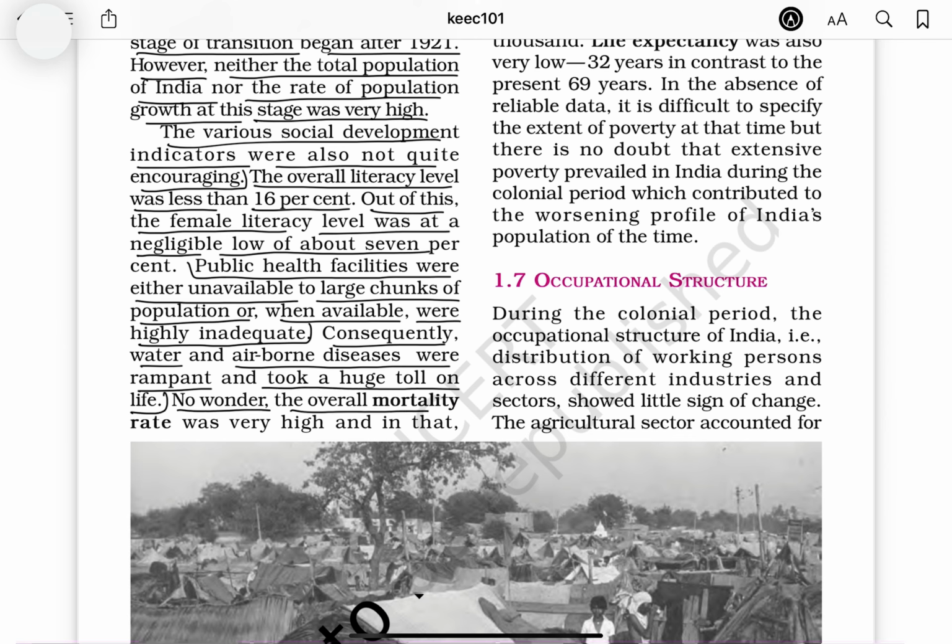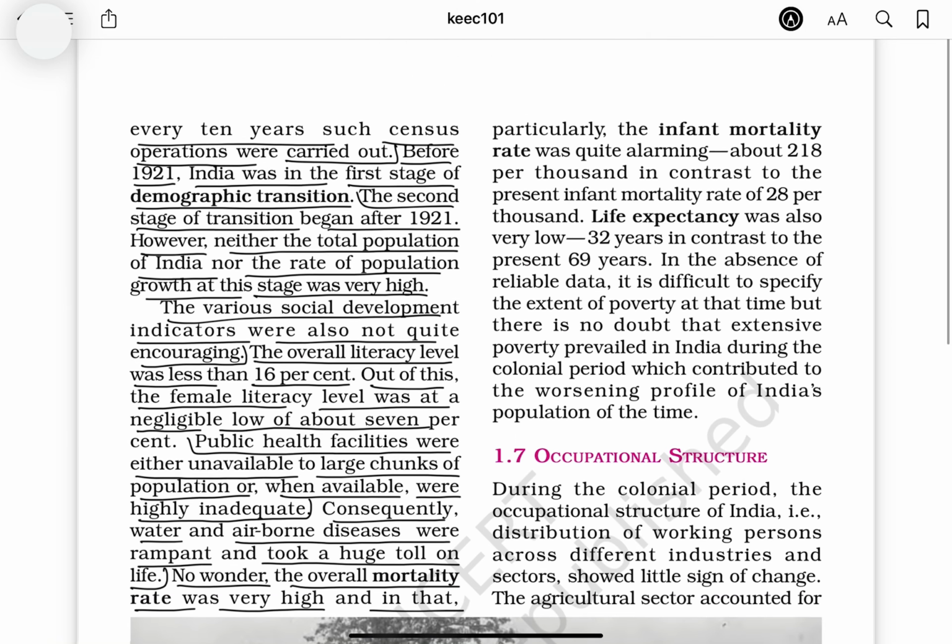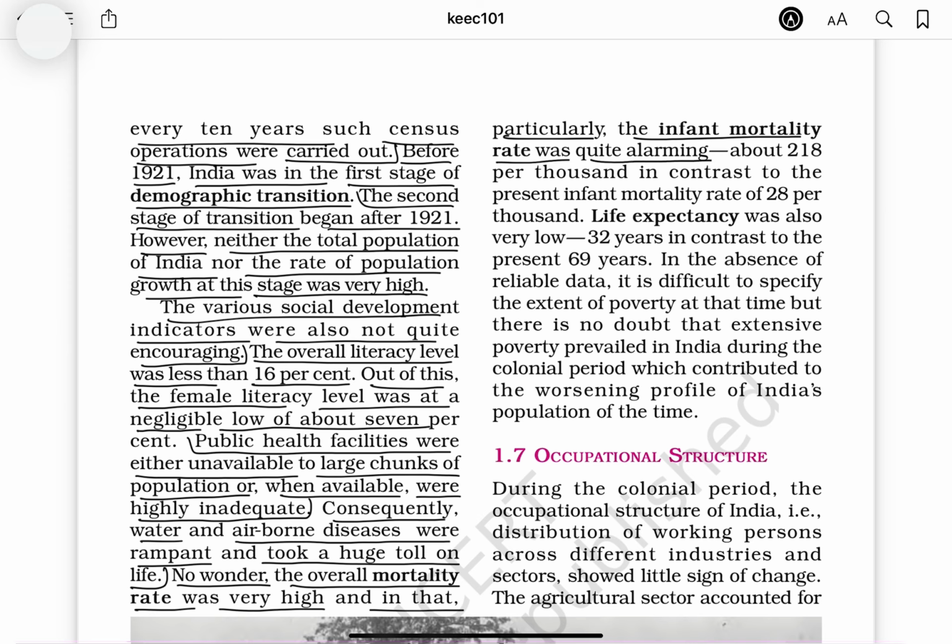No wonder the overall mortality rate was very high, and in that, particularly the infant mortality rate was quite alarming, about 218 per thousand, in contrast to the present infant mortality rate of 28 per thousand. Life expectancy was also very low, 32 years, in contrast to the present 69 years.